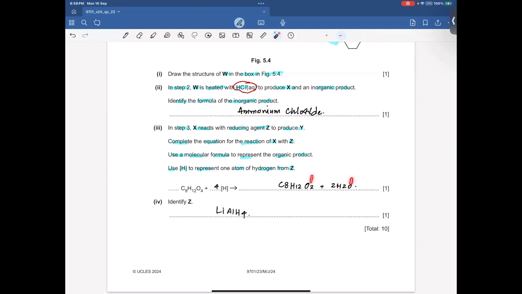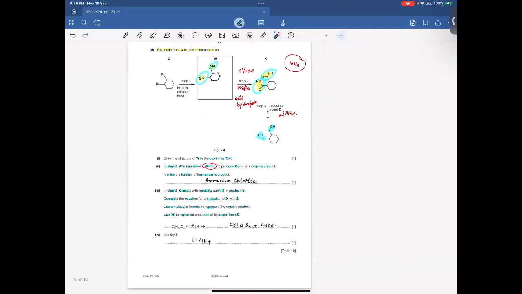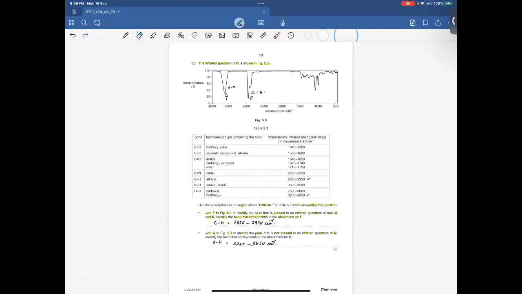Oxygen, oh sorry, 2 and 2, 4 oxygen atoms. My bad. 2 plus 2, 4 oxygen atoms. 12 plus 4, 16 hydrogen atoms. 8 carbon atoms. That's the balanced chemical equation. Okay. My goodness, that's the end of this paper, guys. Thank you very much.